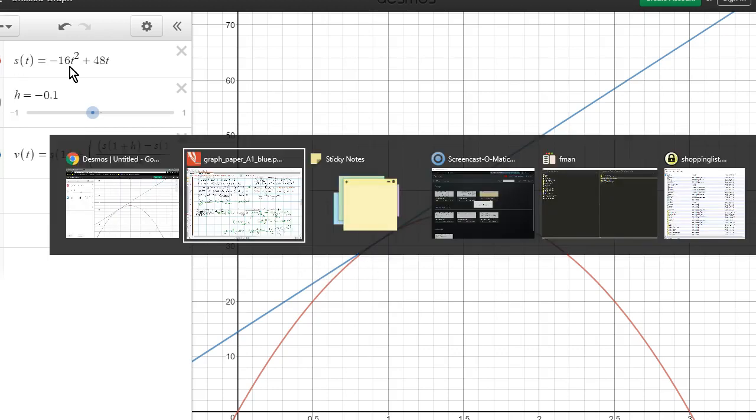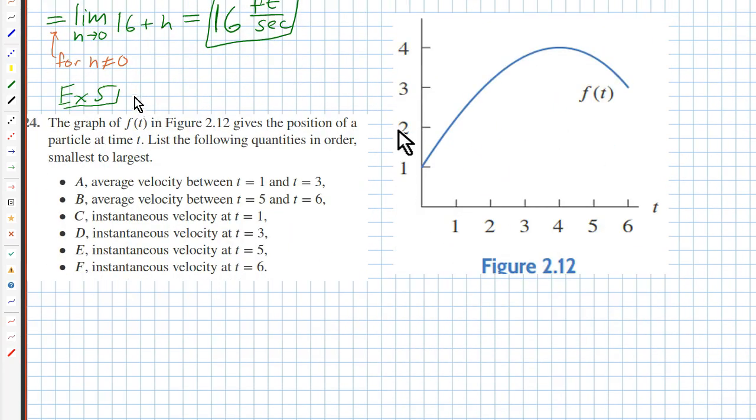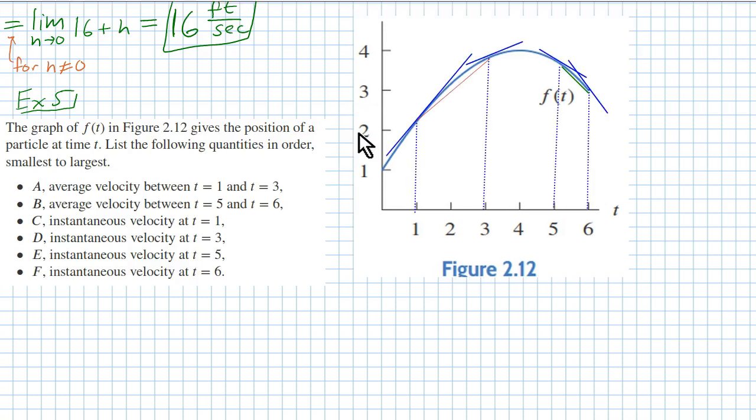So with that in mind, let's look at this problem here, and I'll pause it and work it out, and so can you. And 3, 2, 1. Okay, so I drew some lines whose slopes have the numbers that we're talking about. So this little red one I made going from t equals 1 up to t equals 3, that's the slope between 2 points, so that means we're talking about average velocity.